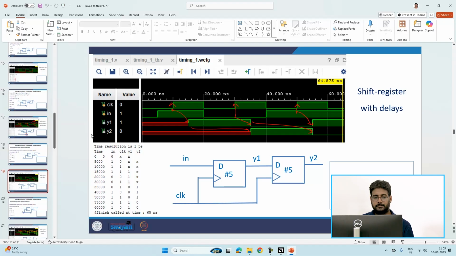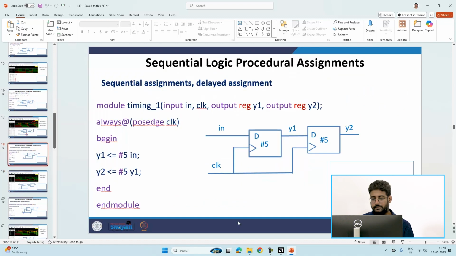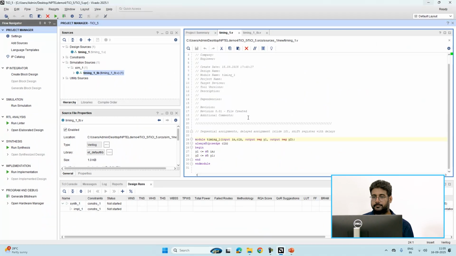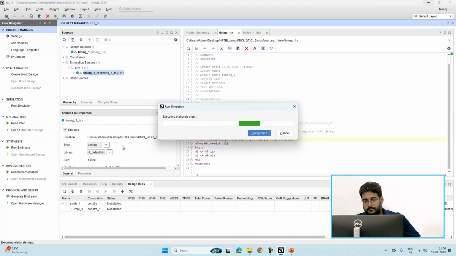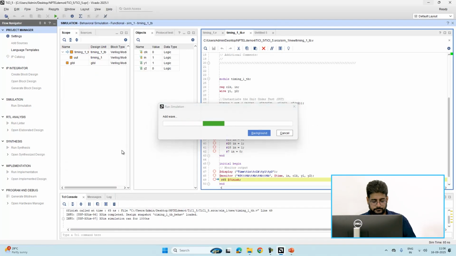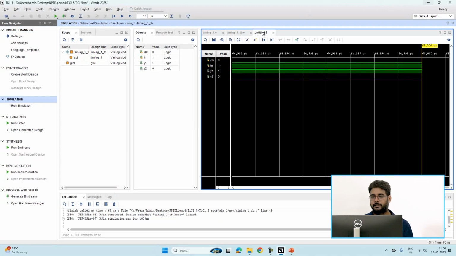So in the simulation, we are here at 18. In the simulation, we will run it, and we can show the same waveform. Here, fit it to the window.